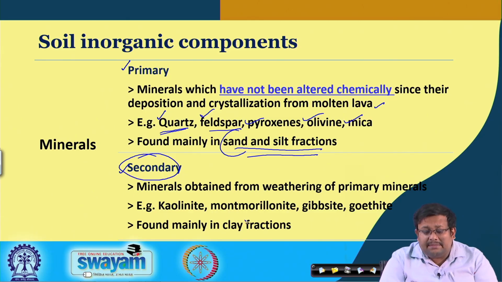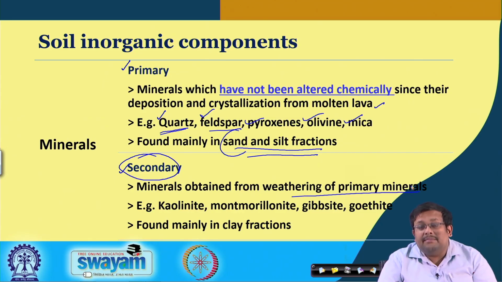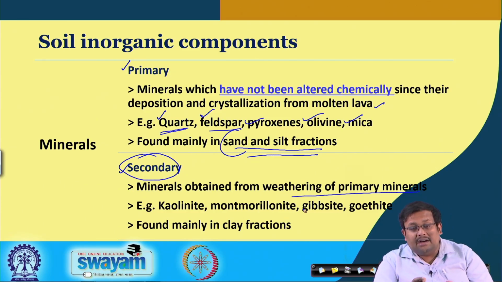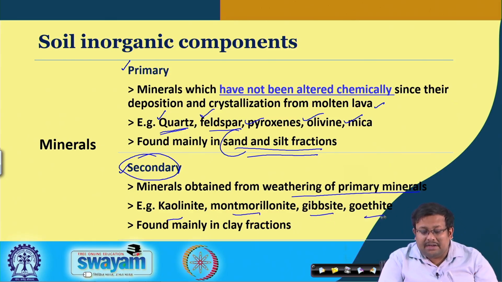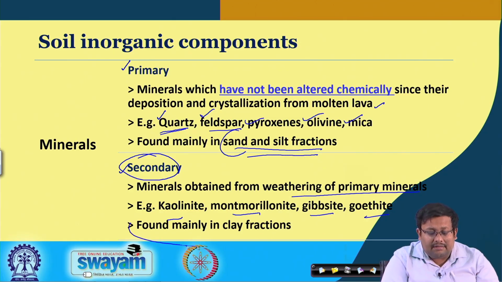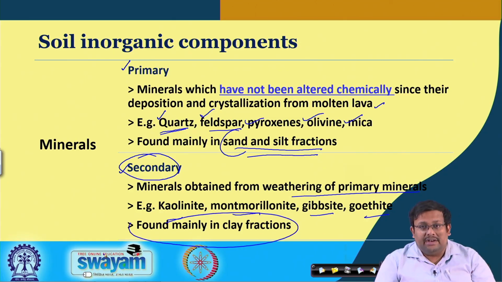So, these minerals are basically obtained from weathering of the primary minerals, and the most important feature is the change of their chemical structure or chemical nature. Examples are kaolinite, montmorillonite, gibbsite, goethite, and they are mainly found in the clay fraction, as I have already told.